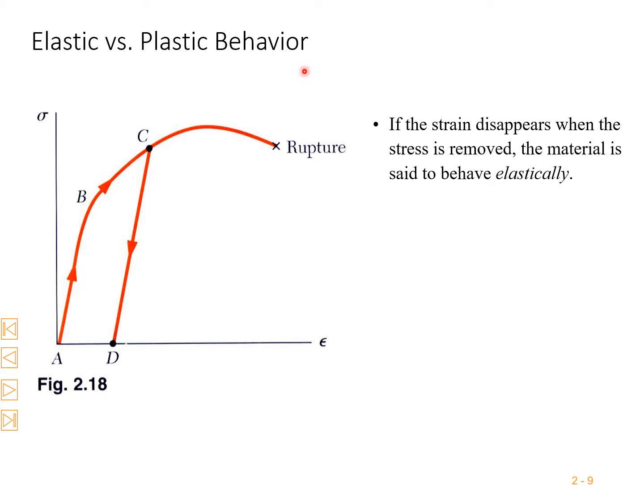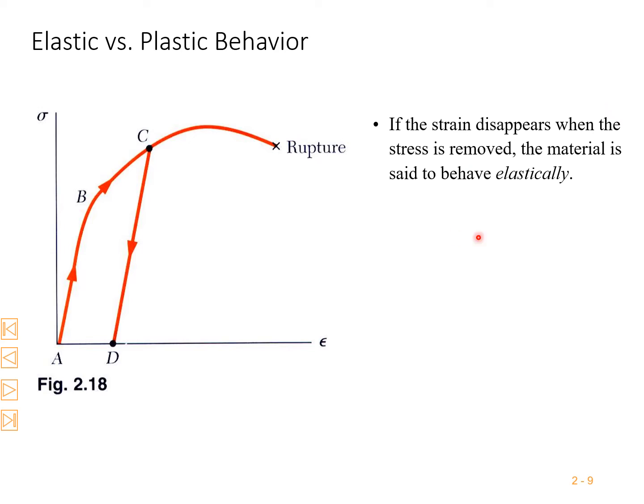Elastic versus plastic behavior. If the strain disappears when the stress is removed, the material is said to behave elastically. That means if you remove the load, it goes back to its original position, then it is called elastic behavior.